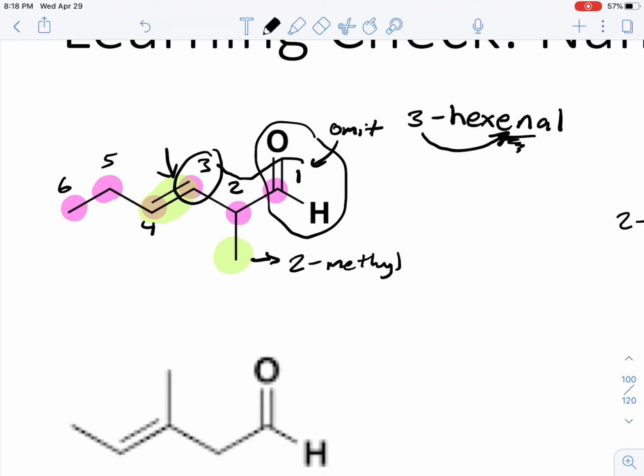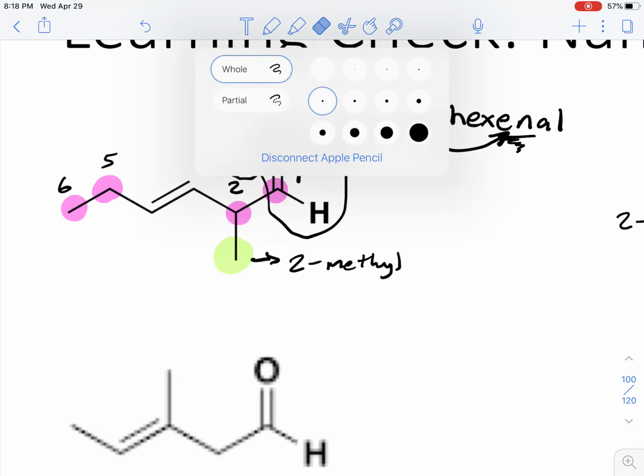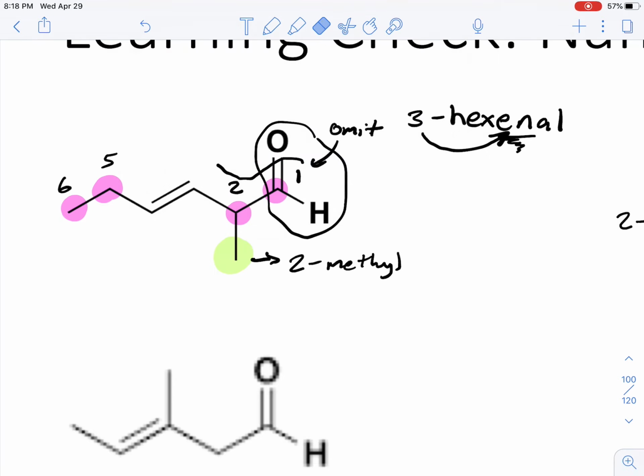However, there's a problem. And the problem is this double bond. And this is something that you guys should always just try to get used to checking. Remember that double bonds induce this idea of potentially, not always, geometric isomers. And if you guys recall from chapter 11, geometric isomers involves the use of cis and trans.